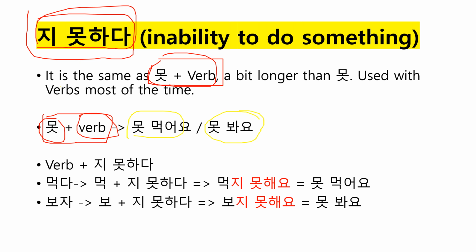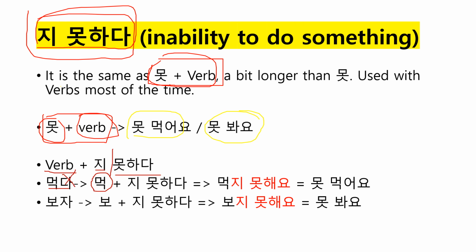So next one is the verb, and then you add 지 space 못하다. Okay, so we have a verb 먹다, and you need to take the part without 다.